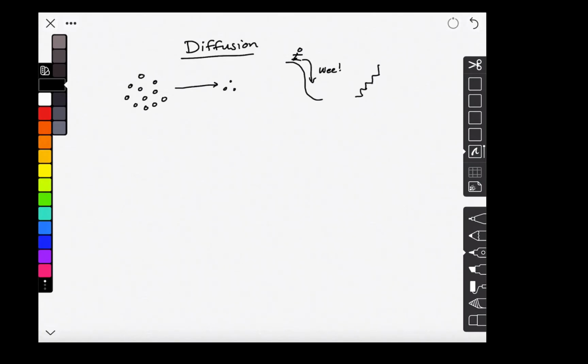And it's because this takes energy, just like it would for you or me. So when we think about diffusion, then we need to think about the movement of molecules down this gradient. But there are a couple ways that we can change this movement of molecules.